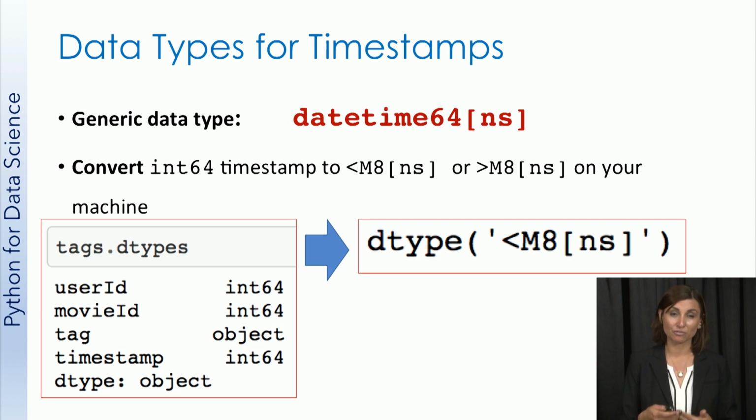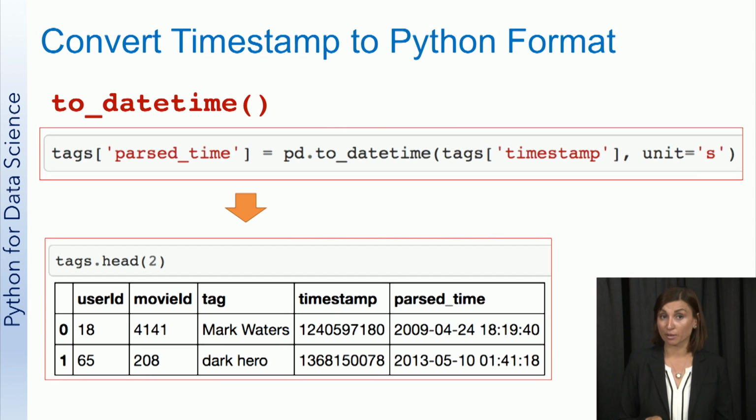It's kind of confusing, maybe, seeing all these data types, but we can quickly convert a timestamp to Python format using, for example, the to_datetime function here. This function simply will convert the input to datetime format, a form that Python understands. And in this case, we'll put that into that parsed time column, which you see is pretty human readable as well.